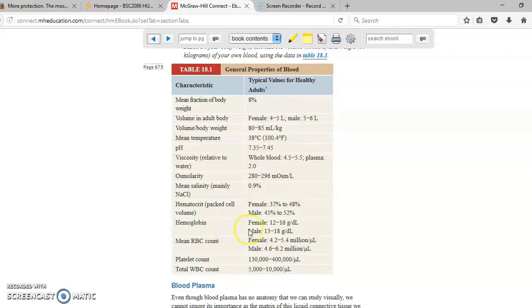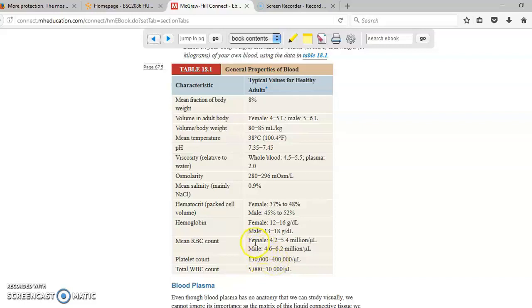But how much hemoglobin do females have? 12 to 16 grams per deciliter. Males have 13 to 18 grams per deciliter. Another very important value is the red blood cell count, platelet count, and white blood cell count. White blood cells, 5 to 10,000 per microliter. Platelets, 130,000 to 400,000 per microliter.